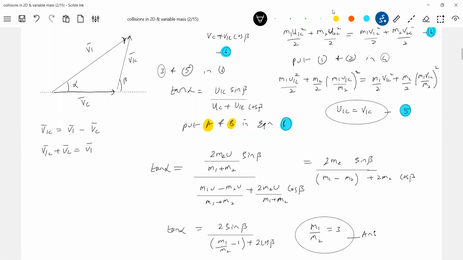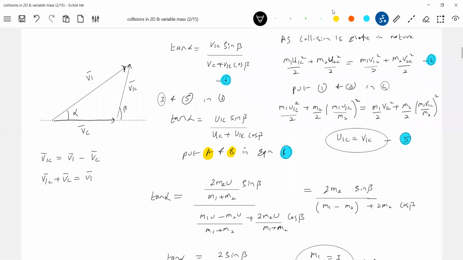Just very simple only. This is a very important idea. If you can get this diagram only, you can manage. Otherwise, not possible. Rest all everything we know. They are the basic things. This drawing, vector triangle, is what?